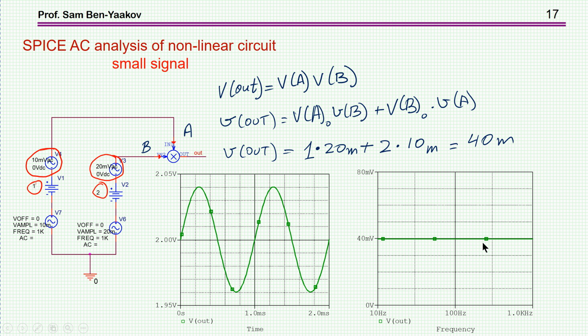This is what SPICE will show you, this we know, but in this case, you see that you get a very nice sinusoidal waveform, because small signals are sort of additive, and you get this small signal AC, the amplitude of which is 40 millivolts. Here it is. This is from 2, the reason it's 2, because the DC is added to it, and then we have superimposed only the AC component, which we see here, which has the 40 millivolt amplitude. So everything is fine here.